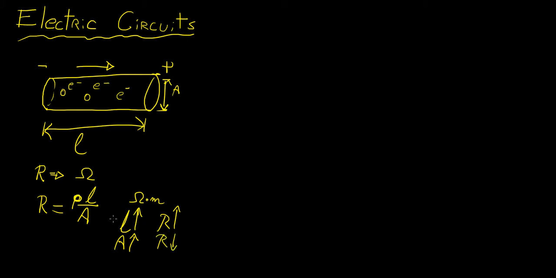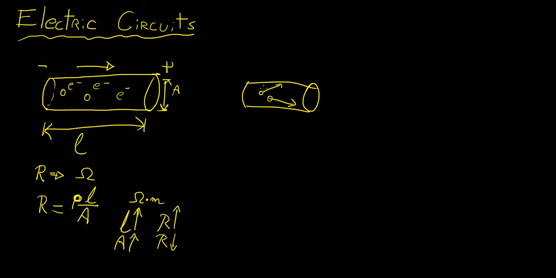Why is that? We need to wonder why that is. With the length, it kind of makes sense. You have more material to get through, so there will be more loss of energy of the electrons due to collisions. You can think of this in the following way: you have electrons colliding with the walls of that conductor or wire. As they collide, some of that energy is transferred to the surrounding material in the form of heat.